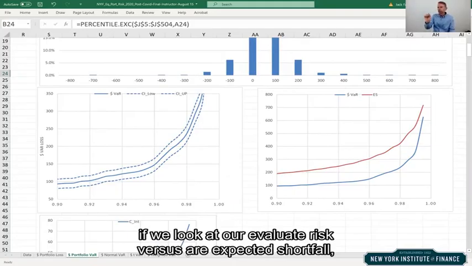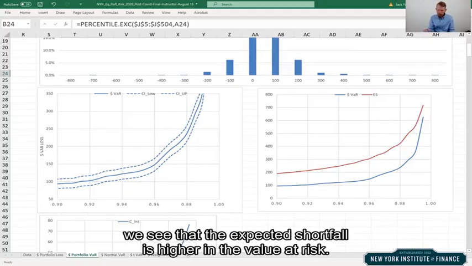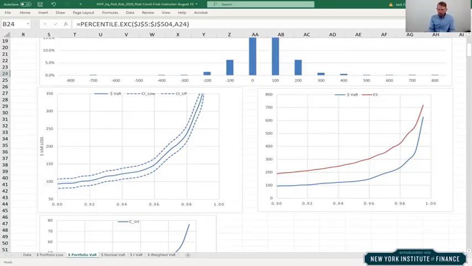And if we look at our value at risk versus our expected shortfall, we see that, as we expect, the expected shortfall is higher than the value at risk.